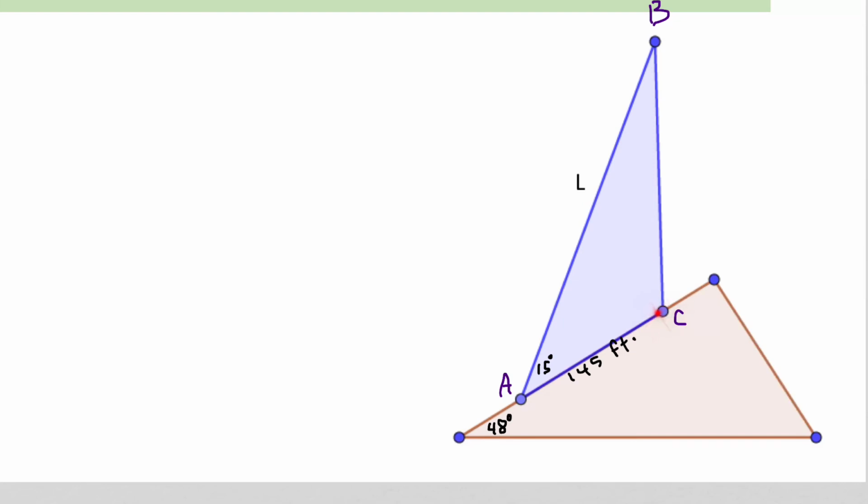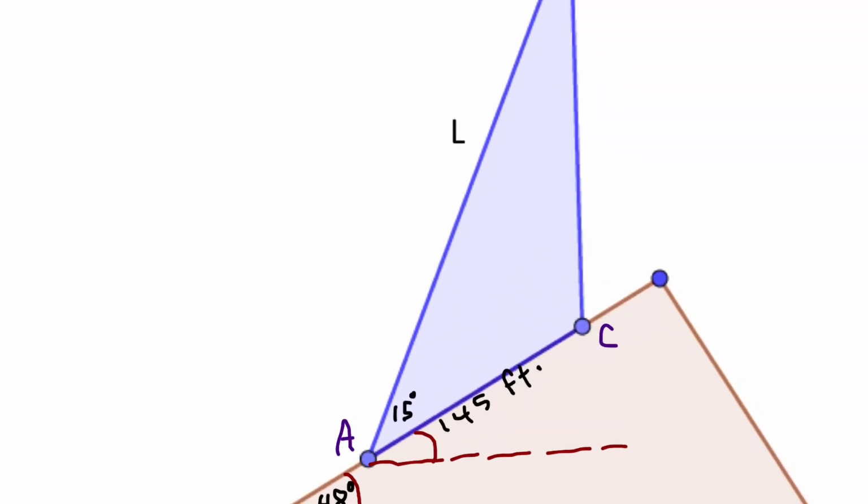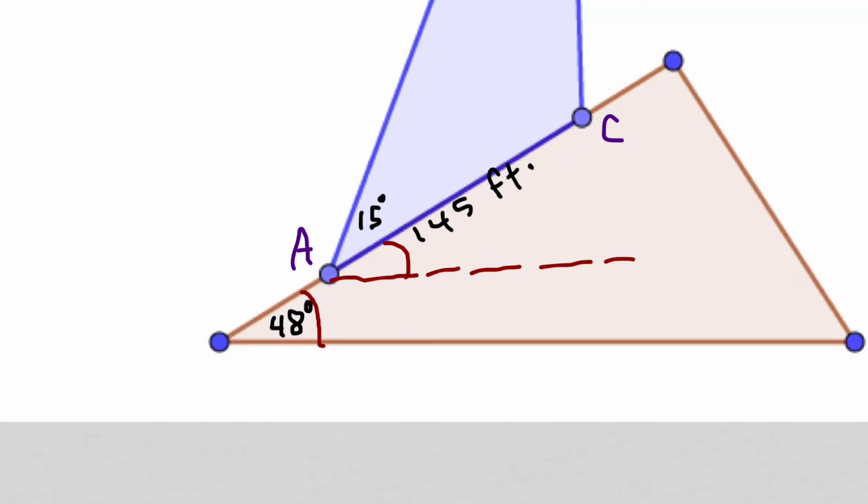So I'm going to use this angle right here, and that's with the ground. Let's raise up the ground level to here and recognize that this angle here is also 48 degrees, because it's parallel to the ground.